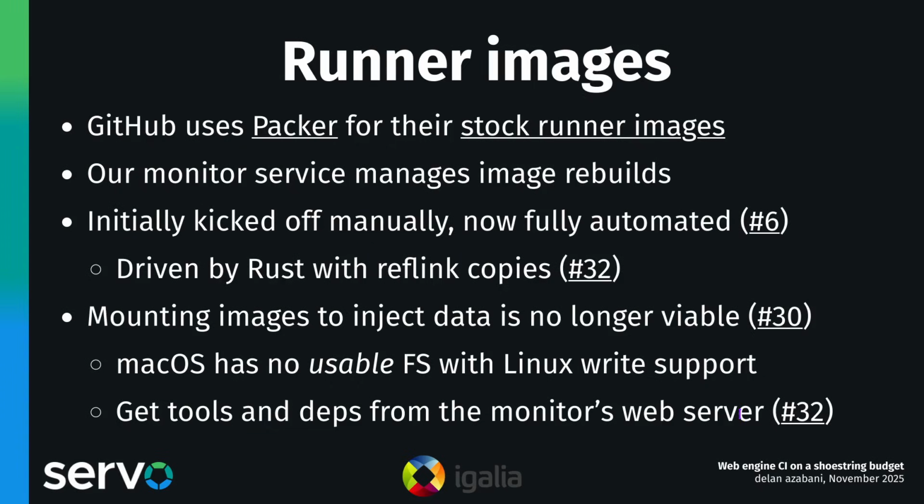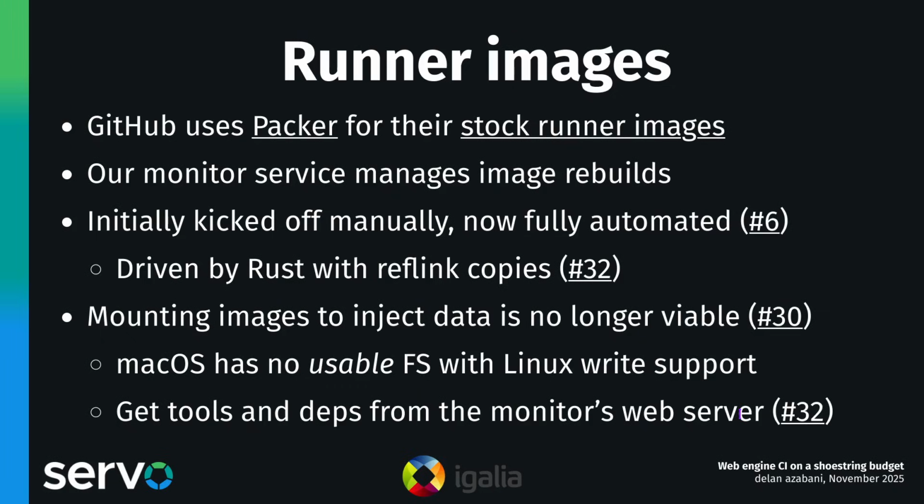macOS has no file system that is usable for building Servo that can also be mounted on Linux with write support. Because, just think about them, right? We've got HFS Plus, which Linux can write to, but only if there's no journaling. And you can't install macOS on HFS Plus without journaling. There's APFS, which Linux has no support for. There's exFAT, which has no support for symlinks, so a lot of tools like UV will break.